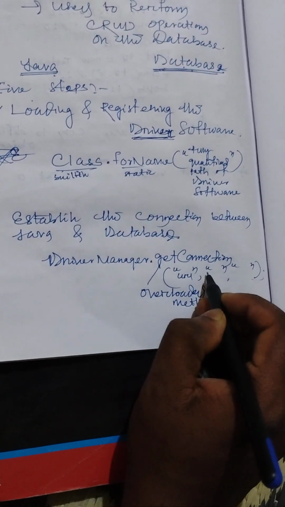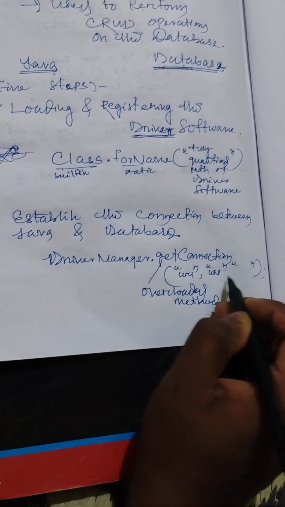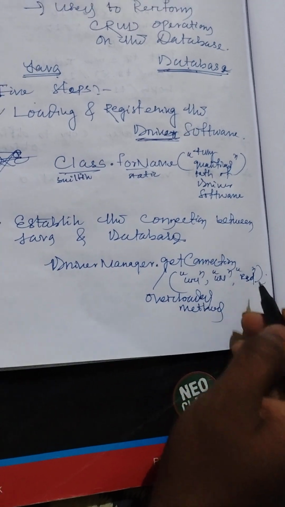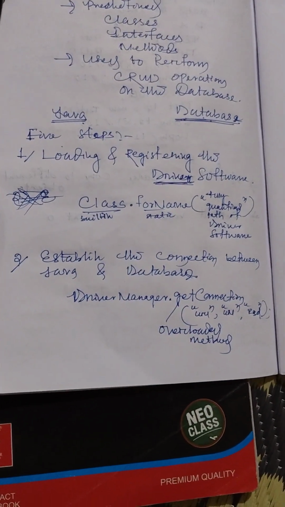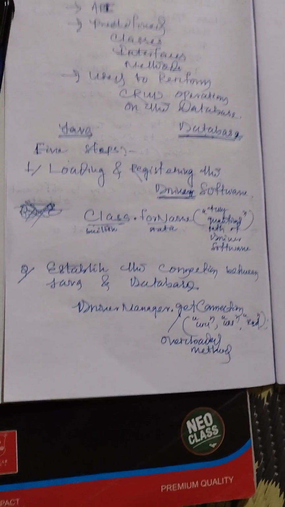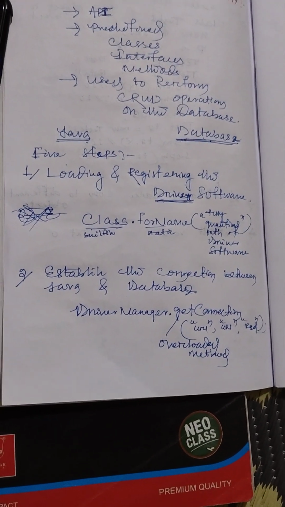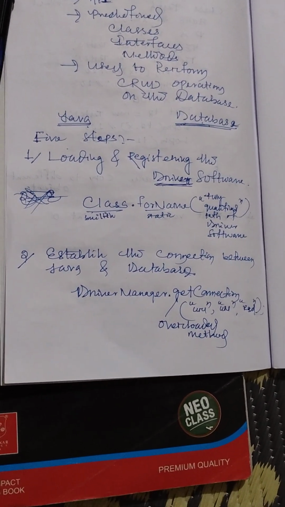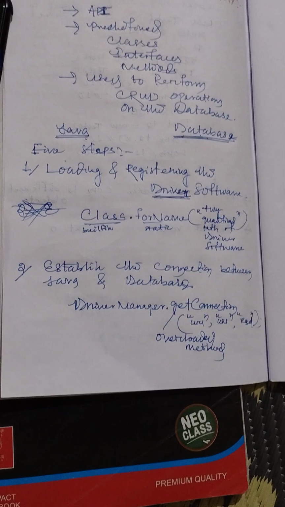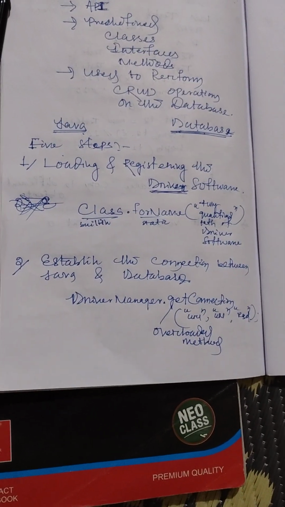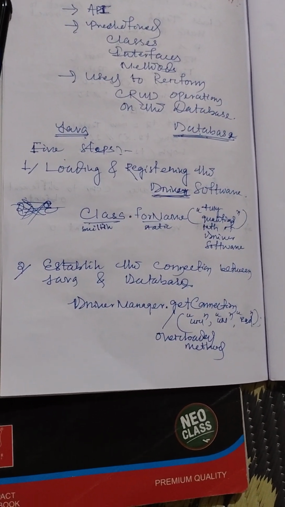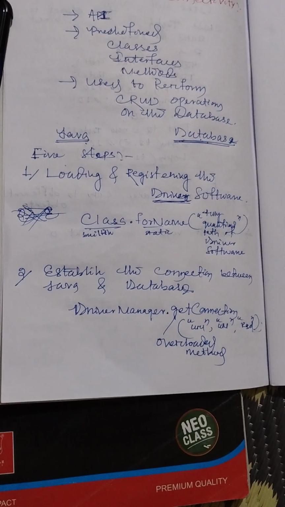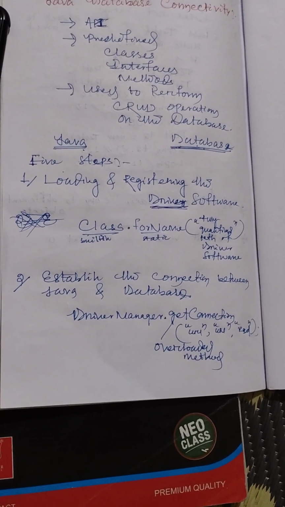URL, username and password: it's an overloaded method. The DriverManager class is present in the java.sql package. It has a static method called getConnection, used to establish the connection between Java and database.